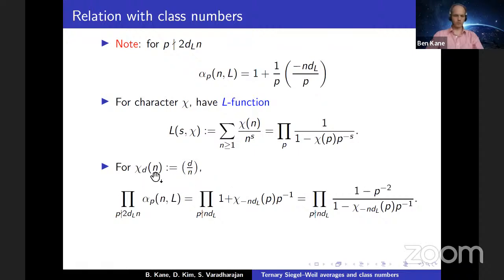And if we take the character chi sub d to be d over n, then our product of the local densities is 1 minus p to the minus 2 over exactly the factors that show up here for s equals 1. So somehow, if we fill in the remaining primes, the ones dividing n times D_L, we would have the L function showing up for chi of minus N D_L at 1.